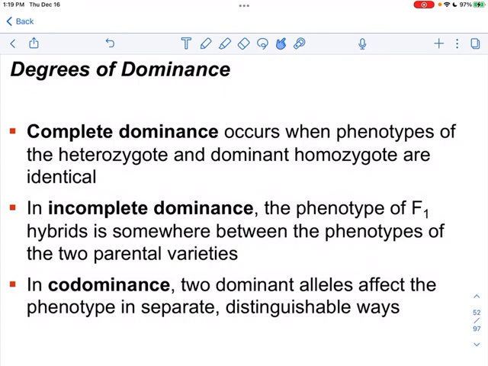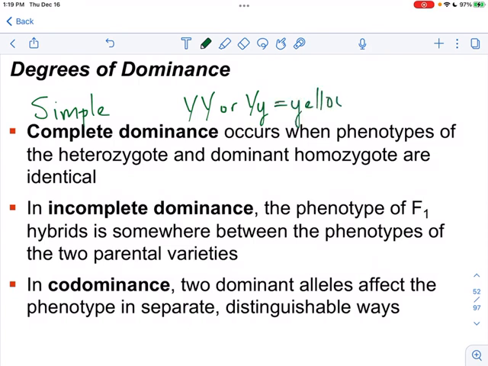So we say that something is completely dominant, or sometimes you'll also see this referred to as simple dominance. Right? So complete or simple dominance occurs when phenotypes of the heterozygote and the dominant homozygote are exactly identical. And we saw this with Mendel's pea plants, right? So if the individual was big Y, or if they were big Y, little y, they were still yellow seeds.